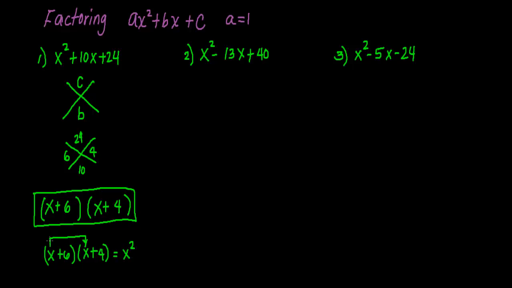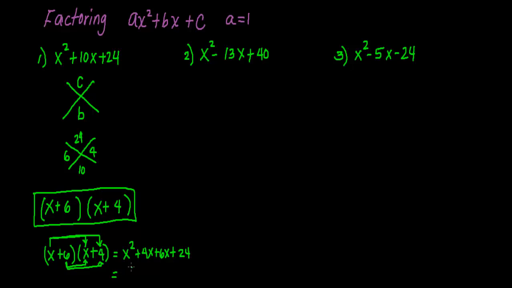You multiply that same term by the other term, and you get 4x. Then you take the second term times the first term, and you get 6x. And then you take that same second term and you multiply by the other one, and you get 24.